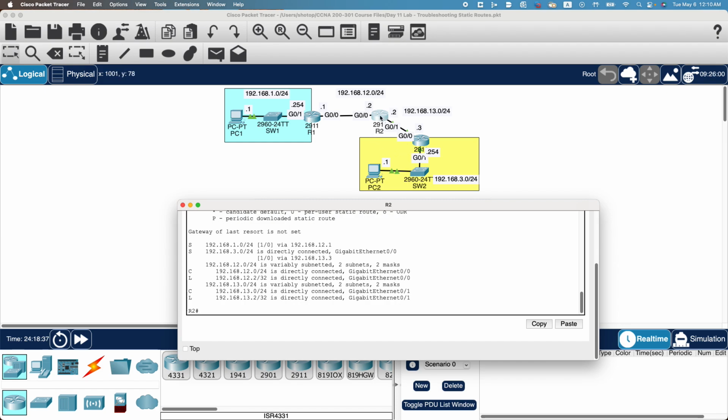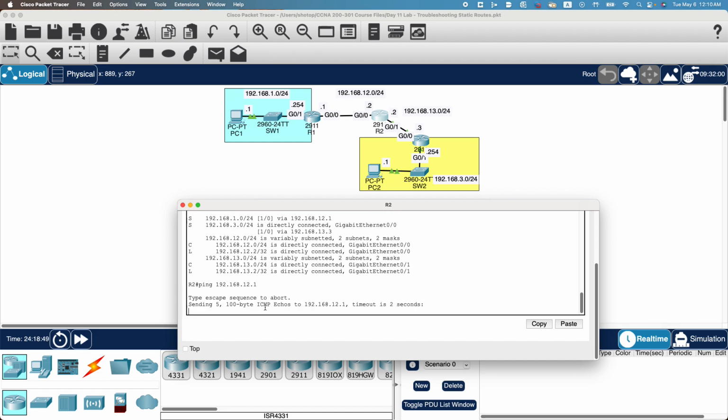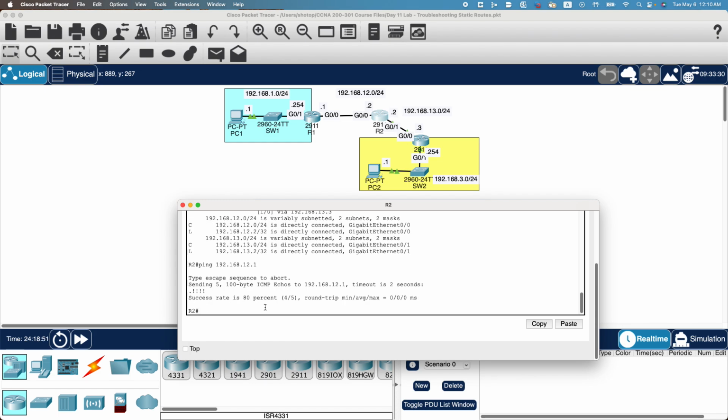And in router 2, ping router 1. Ping 192.168.12.1. Yes. All right, router 2 can ping router 1, so this is good.